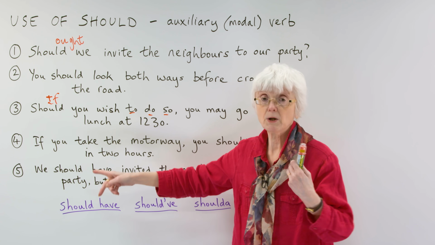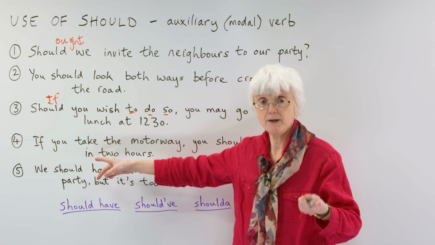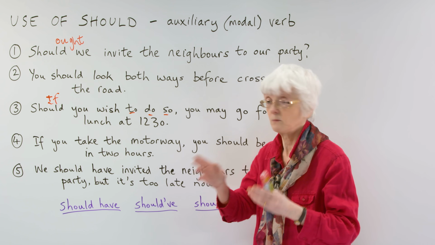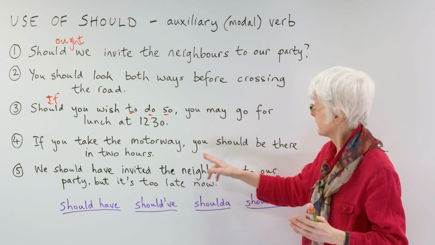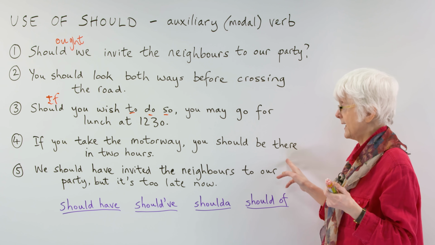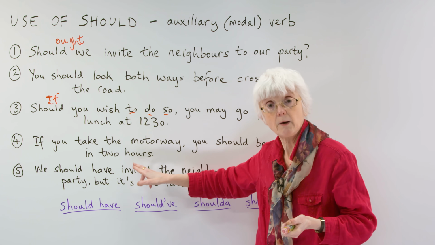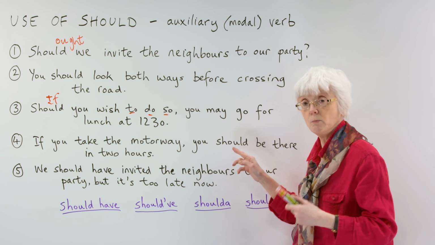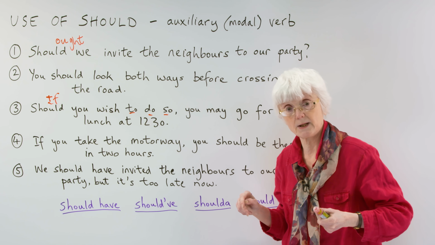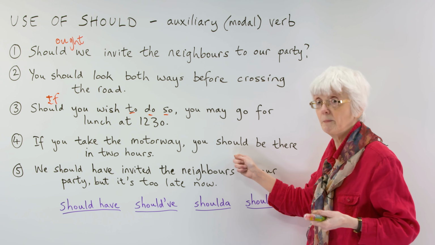So the person would reply, if you take the motorway, which is the quickest way, the motorway, you should be there in 2 hours. So there's a very good possibility, almost 100% possibility, that you will be there.